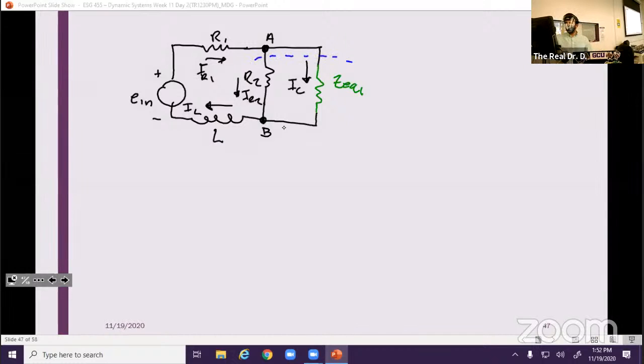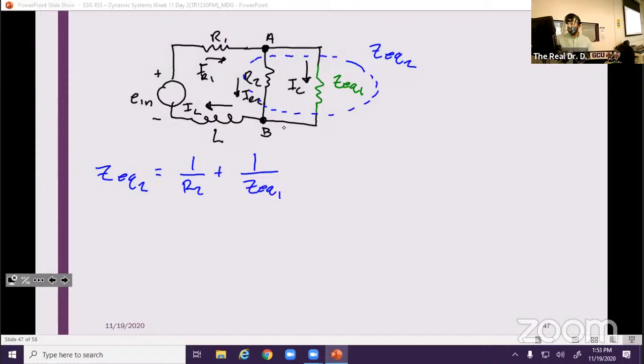Well, these two branches have the same voltage drop, huh? Yes, good. Since they have the same voltage drop, we can add these in parallel, and we can make ZEQ2. ZEQ2 is just equal to 1 over R2 plus 1 over ZEQ1.